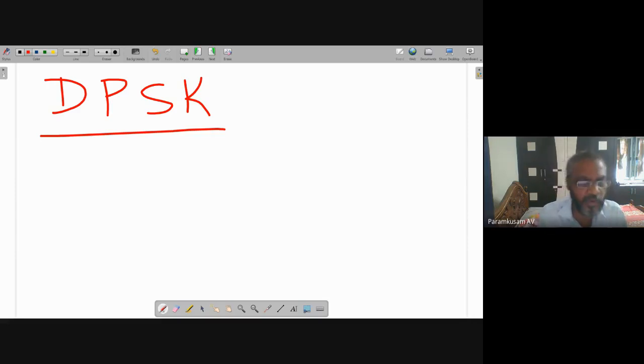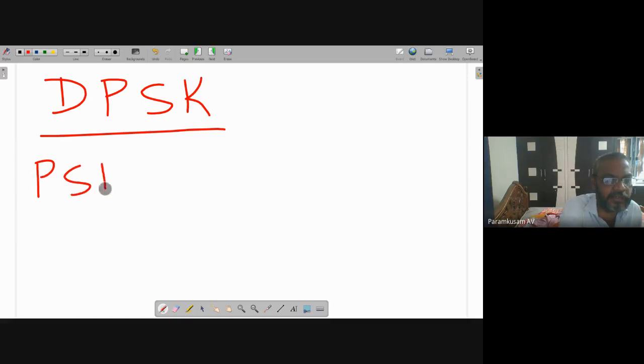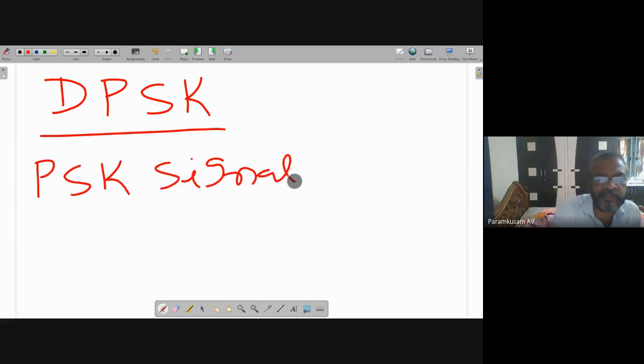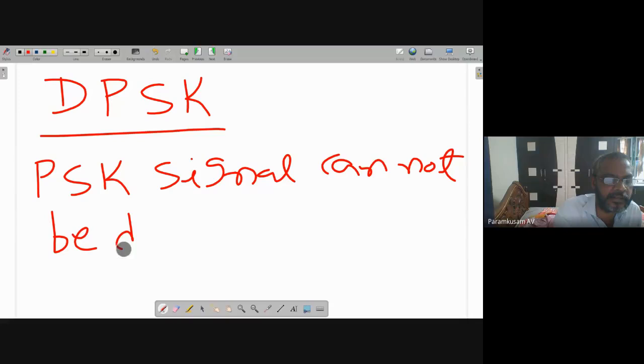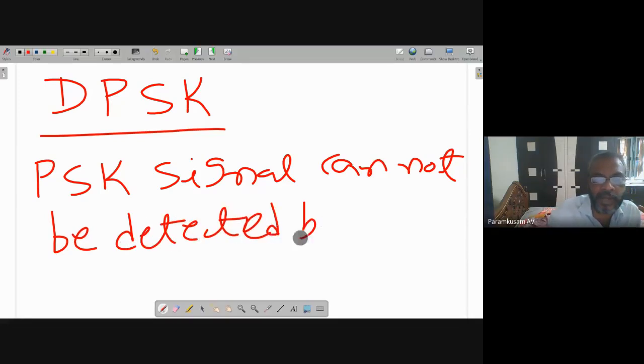There is one disadvantage of phase shift key. That is that phase shift keying cannot be detected by using envelope detector. PSK signal cannot be detected by envelope detector.